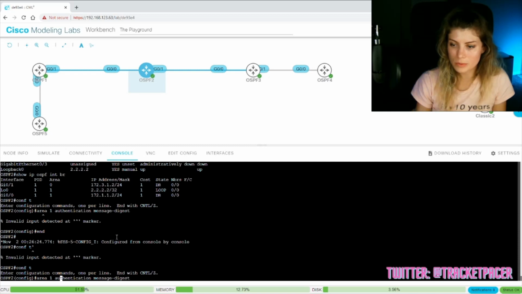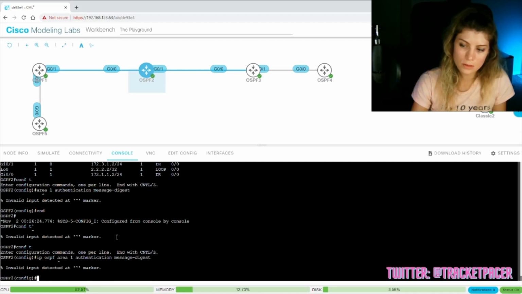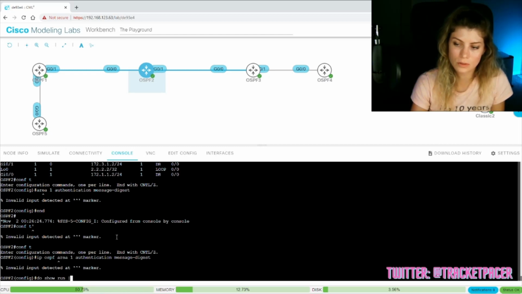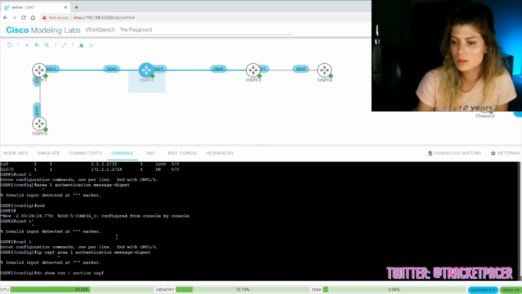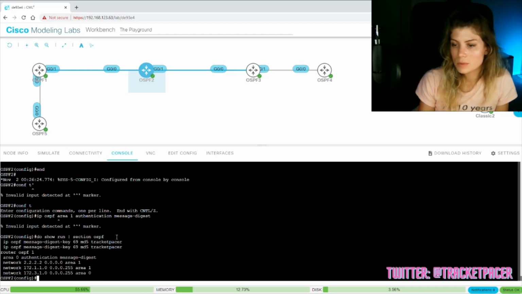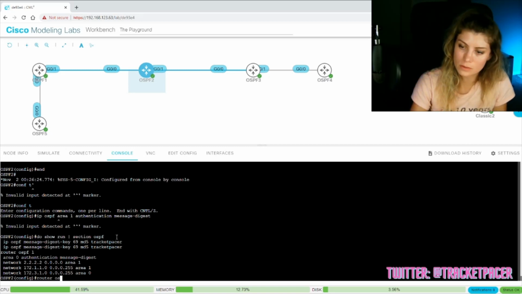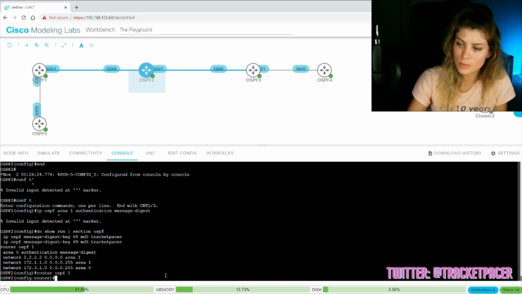What's really fun about watching someone lab stuff up is that you get to watch them do like 5 million typos. God, you show run, not EIGRP. IP OSPF. Nope. Area 0. Okay, it's under the router. Yep, OSPF 1. There we go.